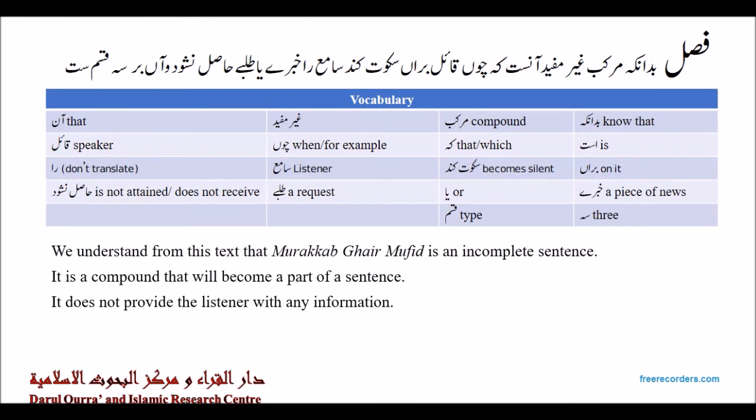It does not provide the listener with any information. The word Zed's pen hasn't given you any information about Zed's pen. The listener does not understand any request either. So that's what Murakkab Ghair Mufid is. So when the speaker finishes speaking, or stops at that point, then the listener doesn't receive any khabar or any talab.